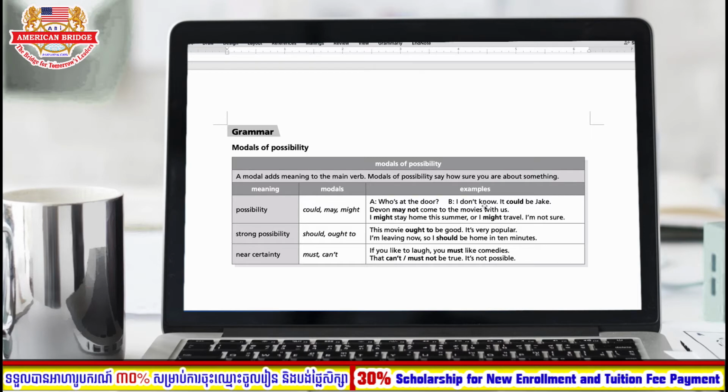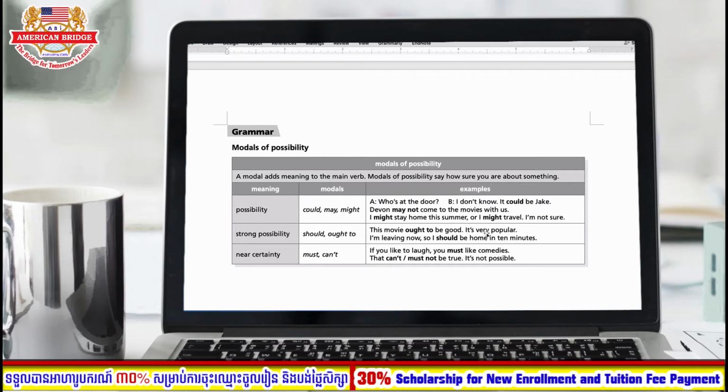For the second group, should and ought to, it's still the possibility, but it's much stronger. Okay, it's based on some evidence, based on some reason. Okay, so this movie ought to be good. It's very popular. So you cannot say it could be good. Why? Because we have the reason or the evidence here.